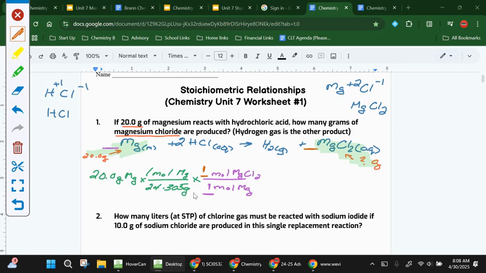This is always 1 mole on top. This is always formula mass on the bottom. Any numbers that are in front here will be taken care of in this ratio step. Okay? So you don't have to double something over here because there's a 2 in front, or triple something because there's a 3 in front. That will all get taken care of right here in this one step.